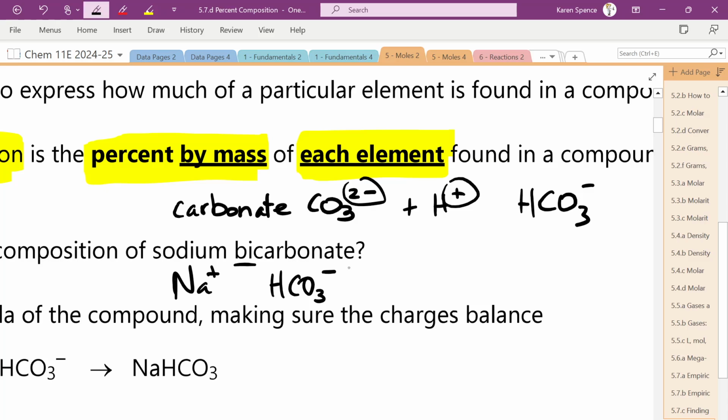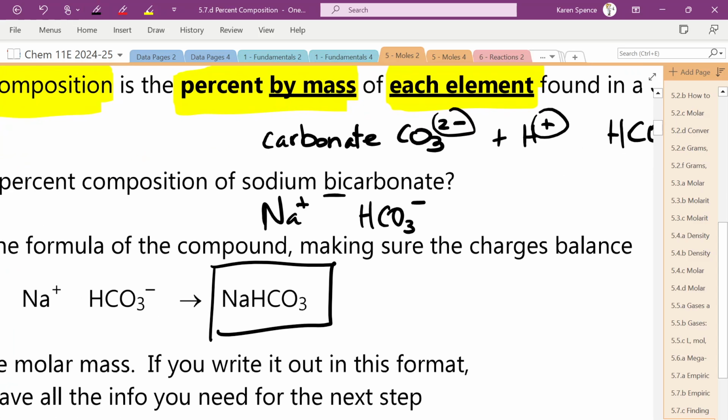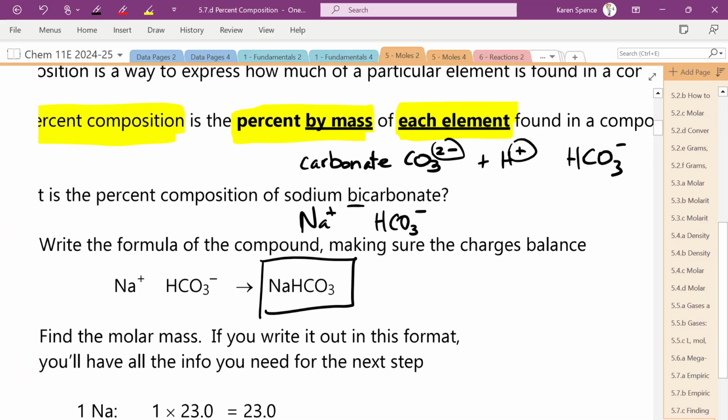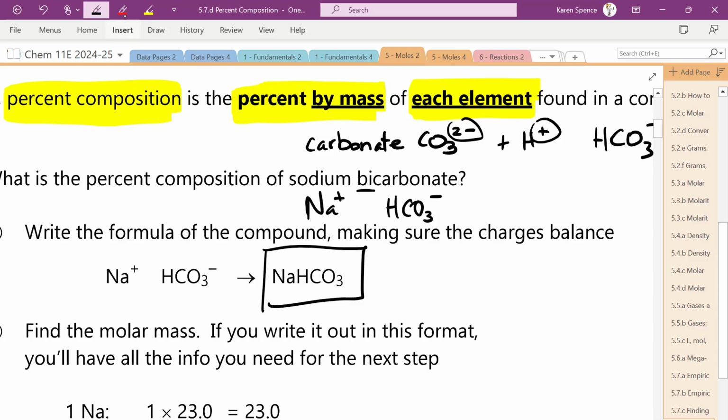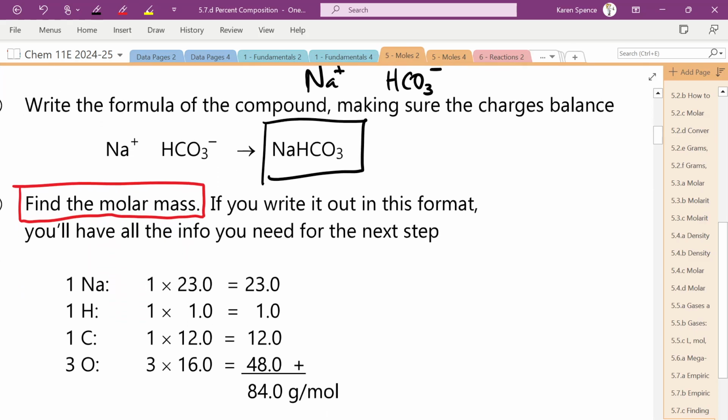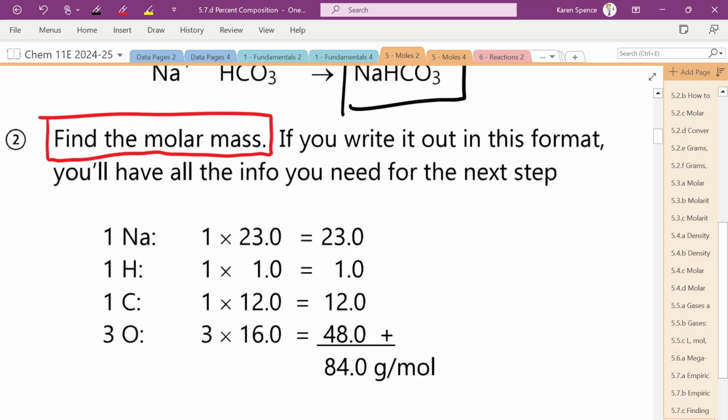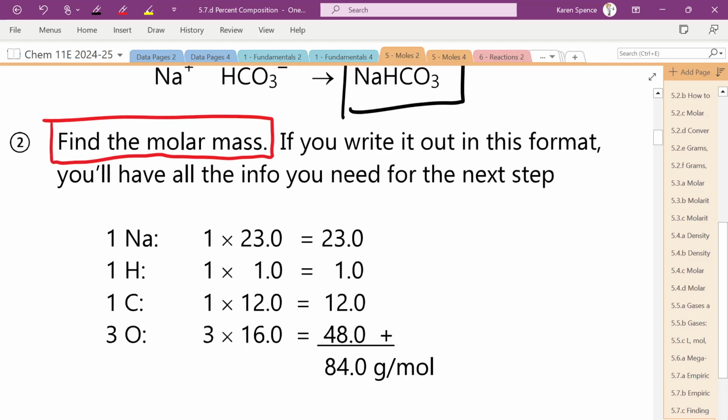Okay, so we have Na plus and HCO3 minus, so we end up with NaHCO3. And if we want to find the percent by mass, the easiest way to do this is to find the molar mass. If you write it out in this format, or something similar, you will have all the information you need for the next step.